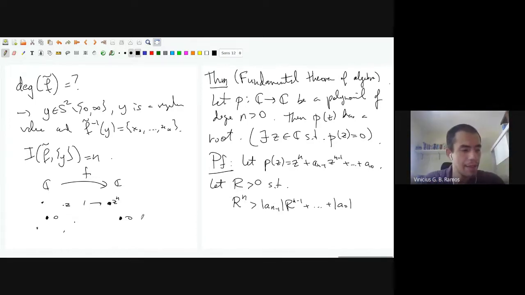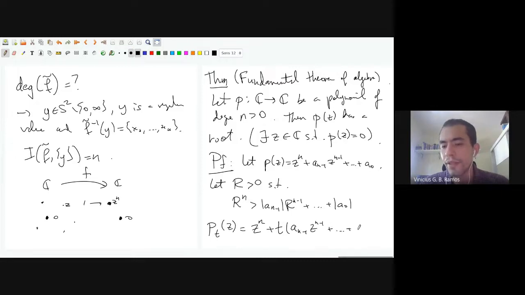And then we are going to define a homotopy, p_t of z, between the polynomial z to the n and the polynomial p. So I'm going to do z to the n plus t times a_(n-1) z to the n minus 1, etc., plus a_0.